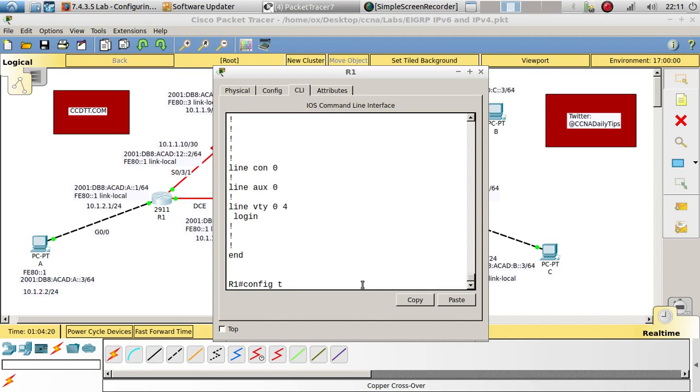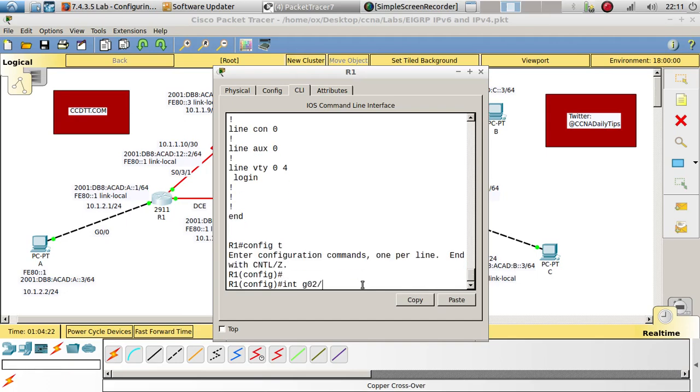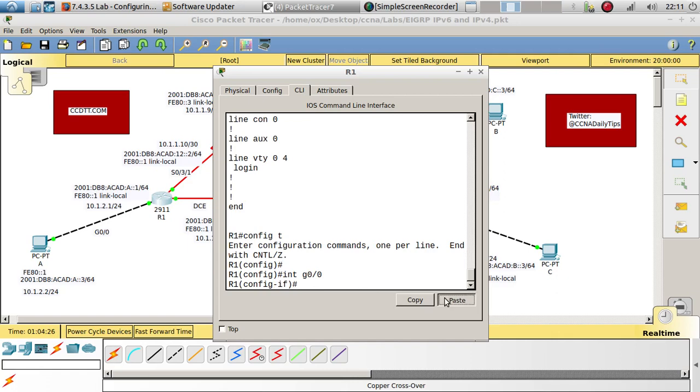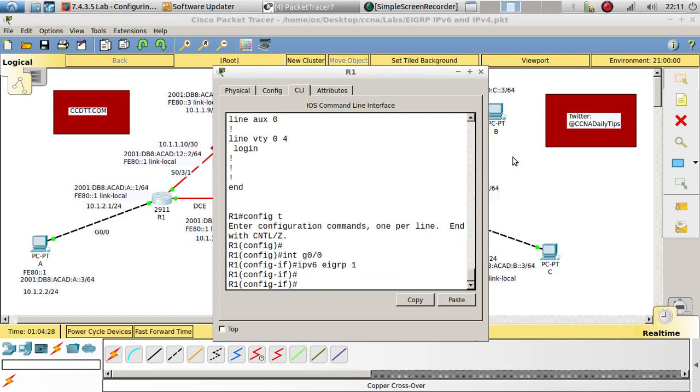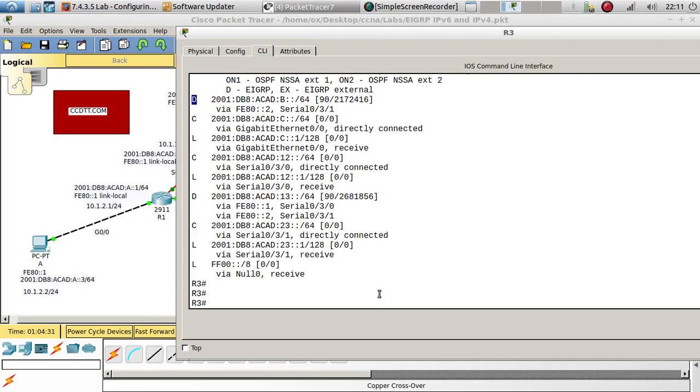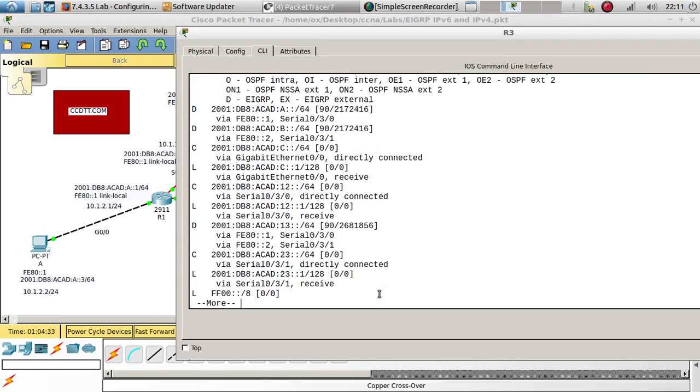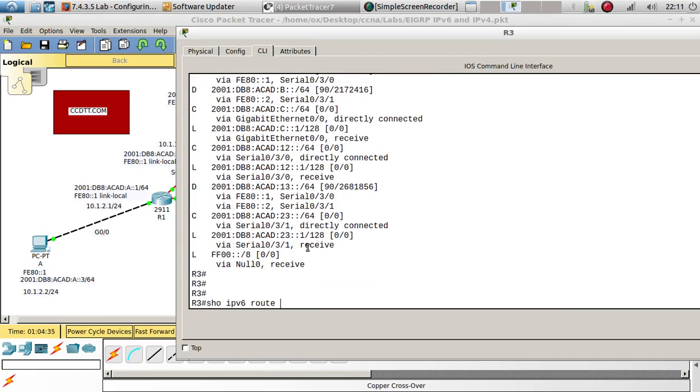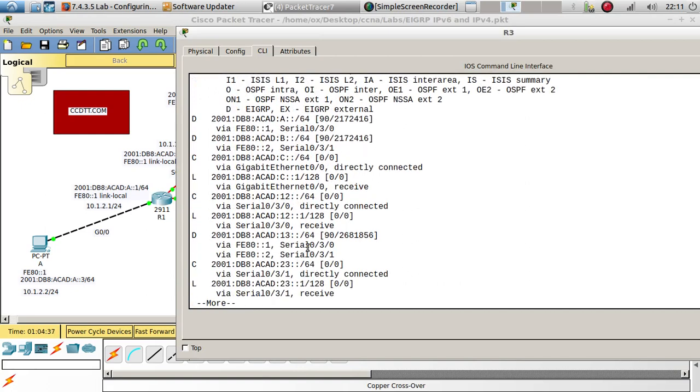So config T interface gigabit 0/0, configure EIGRP, and now we should be able to have that. We should be able to have 3 EIGRP. So one over here, this one over here, and this one over here.